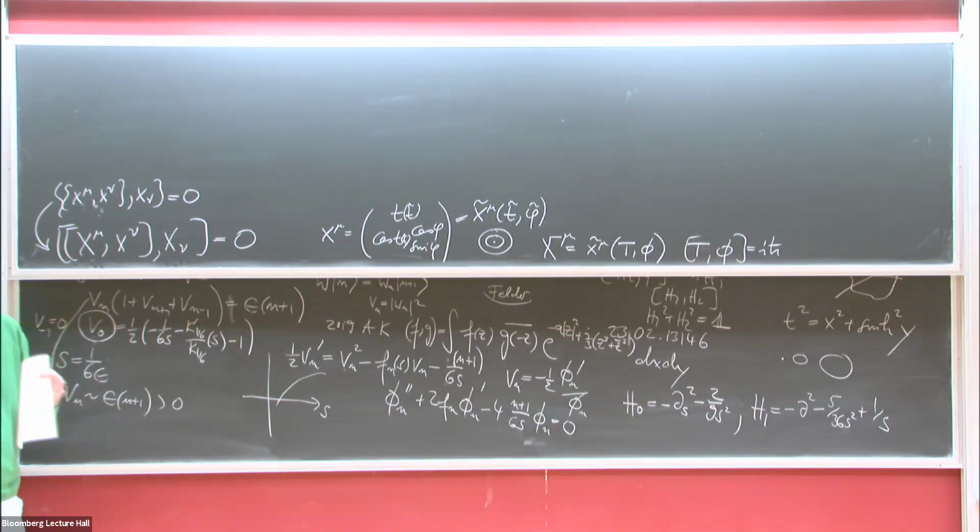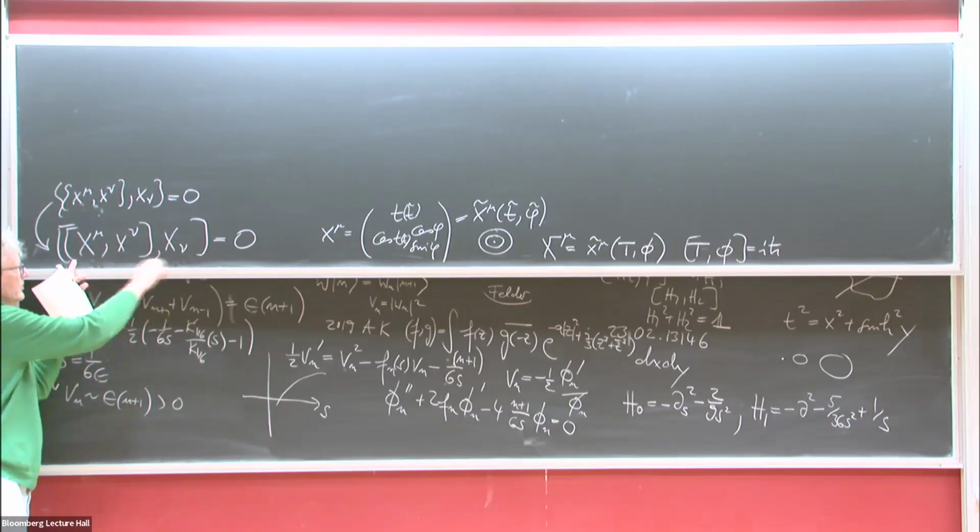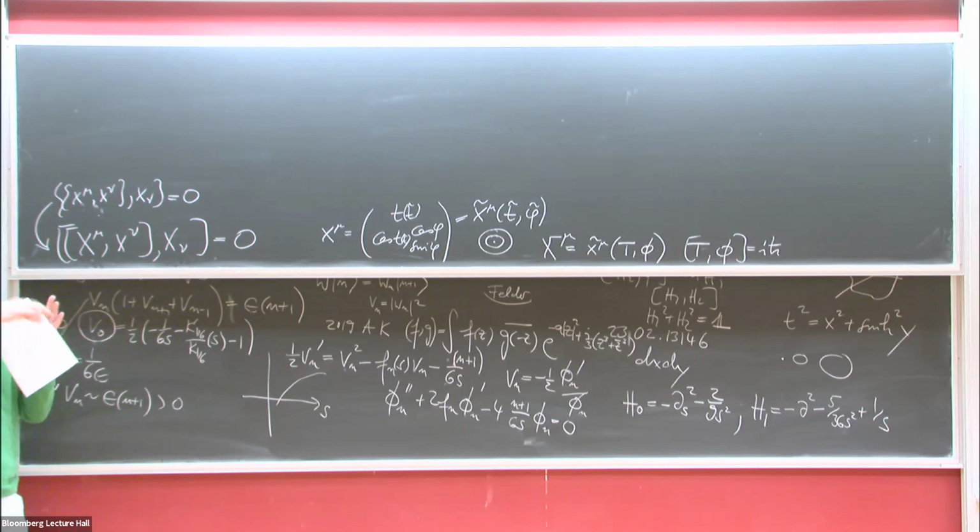I have a direct correspondence. You give me a classical solution, I construct some solution of this, which at least when h bar goes to 0, satisfies that equation.